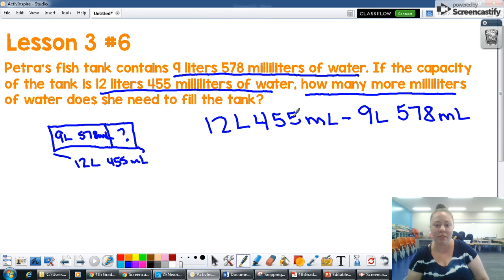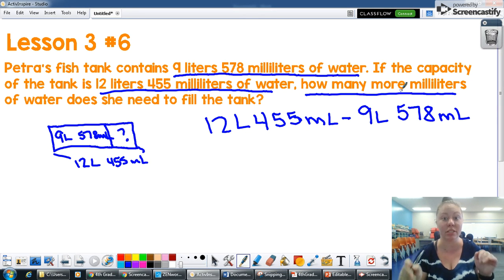Now, once again, I am going to use the standard algorithm, so I'm going to change these all into milliliters first. And notice that the question asks how many more milliliters. It doesn't say liters and milliliters, so I'm going to leave my answer in all milliliters. So it's easiest to just change everything to milliliters now.